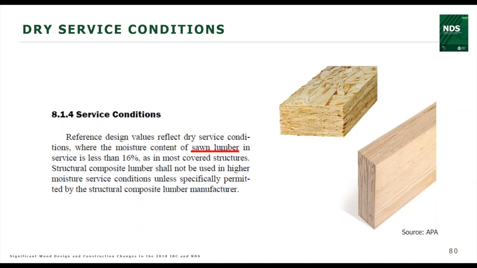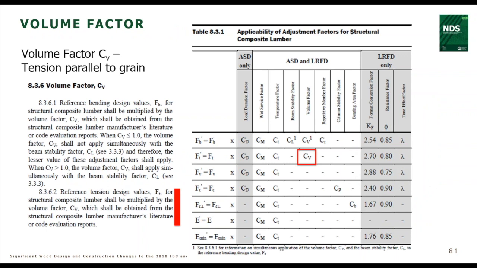The average equilibrium moisture content for solid sawn lumber in most of these is considered less than 16%, and that conditioning environment is considered representative that it would also condition structural composite lumber to less than 16% moisture. So just clarifying that.